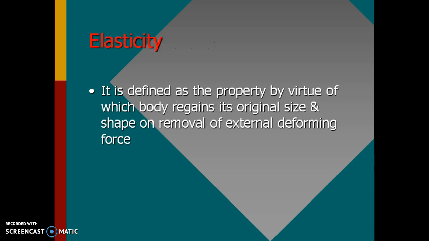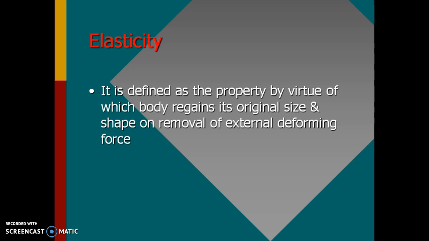Now elasticity. Elasticity is defined as the property by virtue of which a body regains its original size and shape on removal of external deforming force. For example, when a rubber band is stretched, its length increases, and when it is released, it regains its original size and shape.